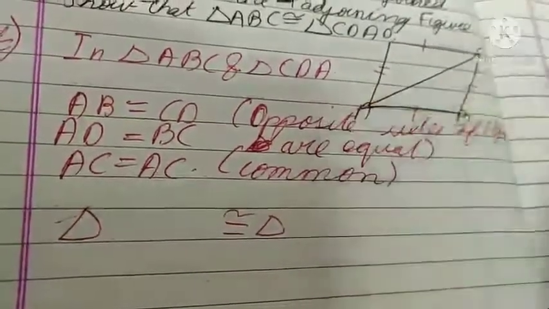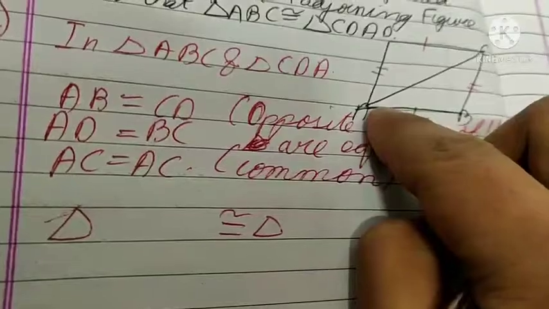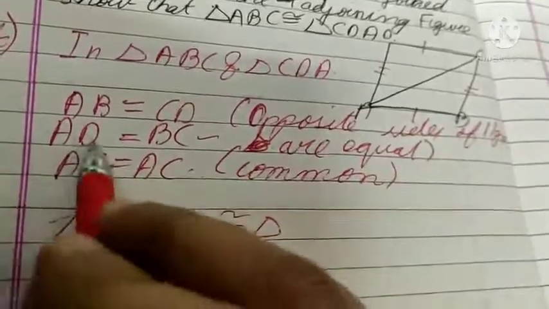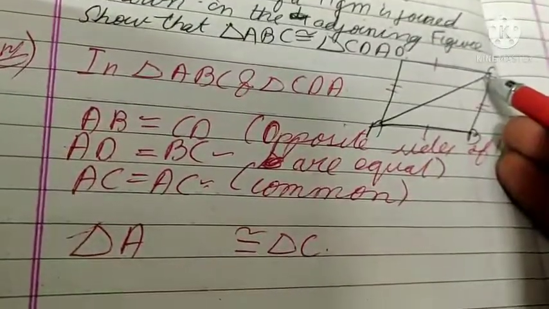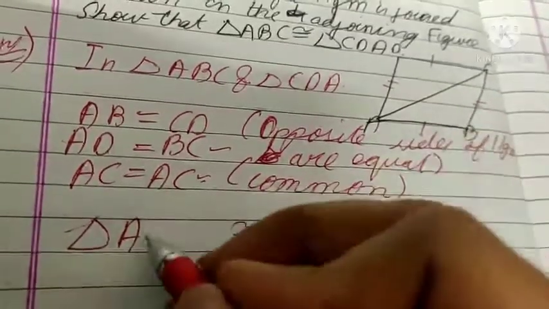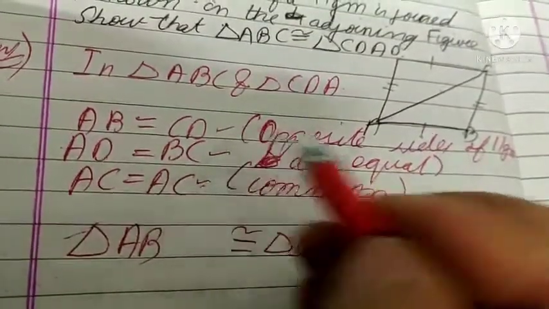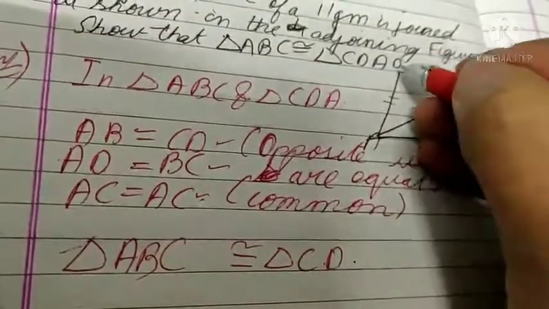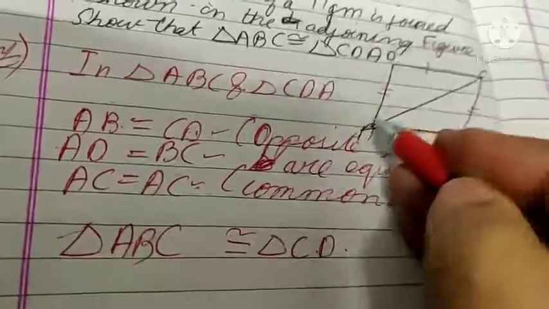Look, this ABC equals ADC. The point in front of BC is A, and the side in front of AD is C, and then AC equals AC, the point in front of AC is B in one and D in the other, and the point in front of AB is C and in front of DC is A. Okay, AB and CD, AB is C, DC is A.